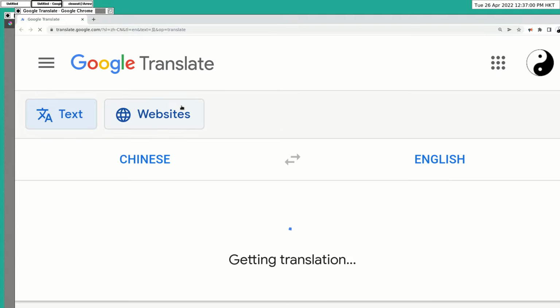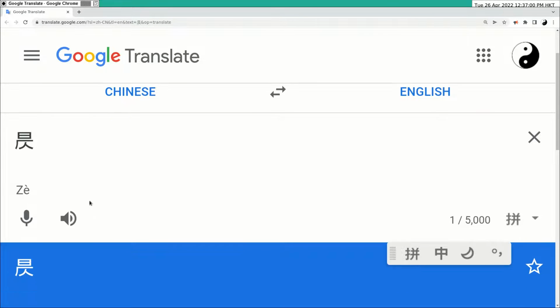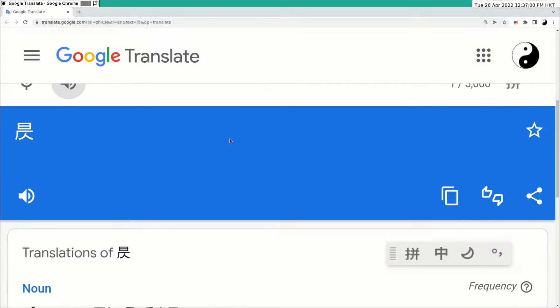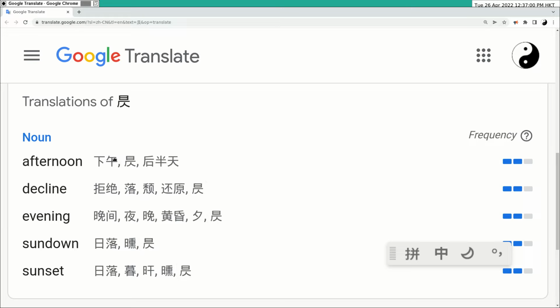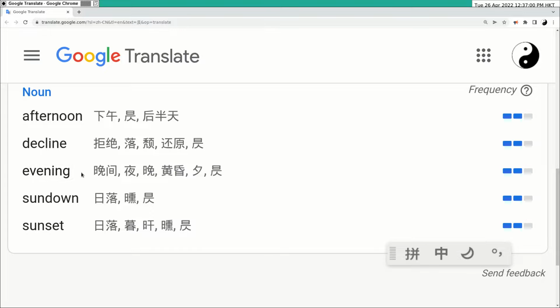Finally, you got it. Google Translate. And it's funny that in the English part they put the same Chinese character, so it's not very nice. And the basic translation, afternoon, correct. Decline, okay. Evening, mm, it's okay. Sundown, sunset, yeah.